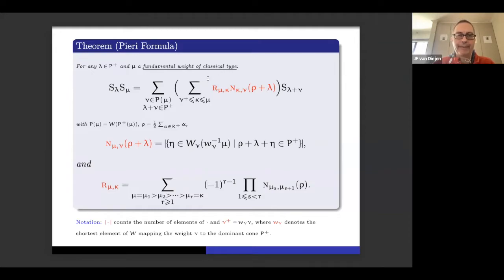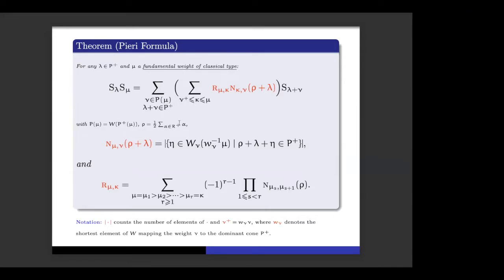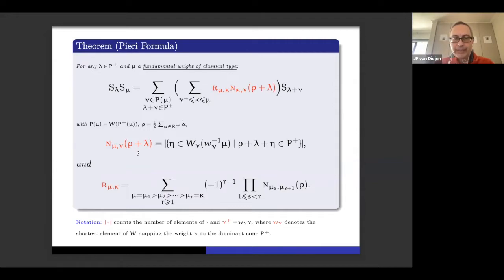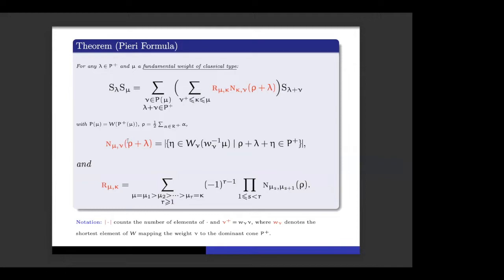Exceptional Lie algebras also have fundamental weights of classical type, for instance the minuscule weights and the quasi-minuscule weights, and for all these cases, this formula works. Everything is concentrated in the building block for this formula, this number here, counting this small part of the Weyl orbit through mu. So I want to say a little bit more about the structure of these numbers here.